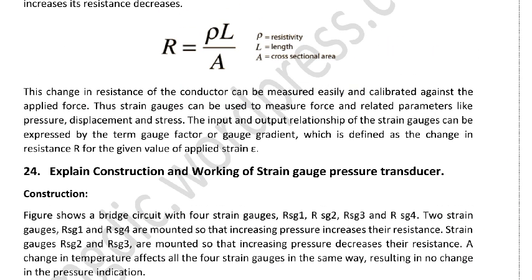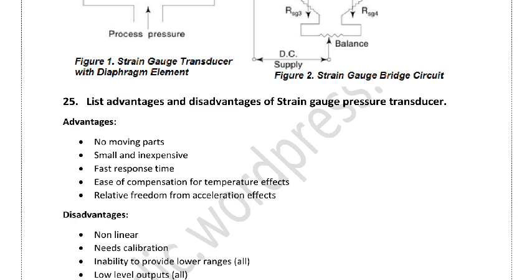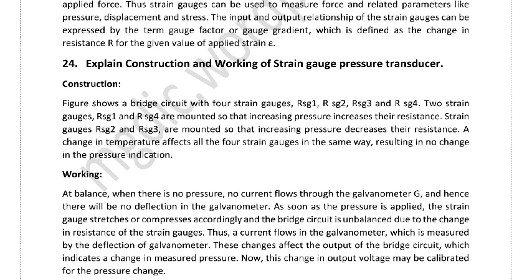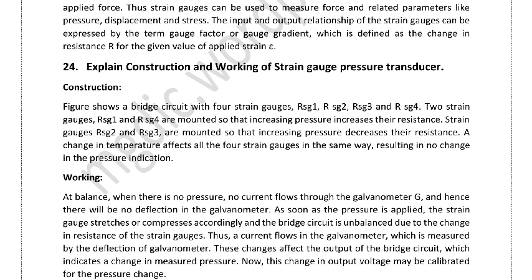Up to here we have seen how a strain gauge is created and how resistance can be measured using it. Next we will see how we measure temperature using transducers.